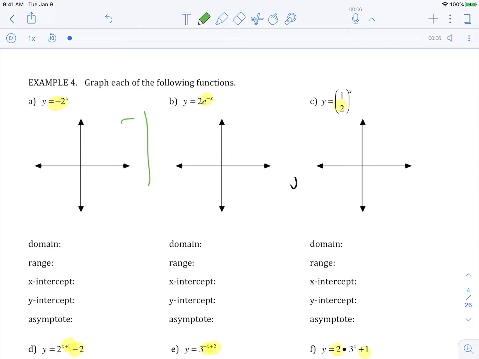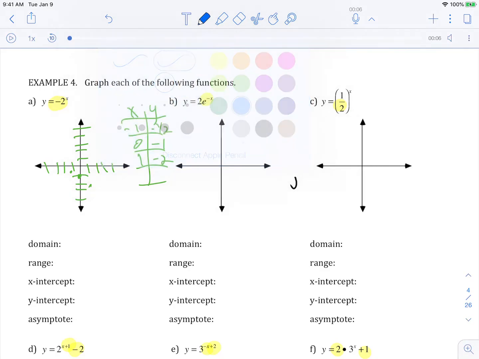So if I'm going to get a table of values here for this first one, x, y, I know that it would be -1 and -1/2, 0 and -1, and 1 and -2. That, you can kind of do without a calculator. So just by sketching these points, we know that this graph is going to look something like this.